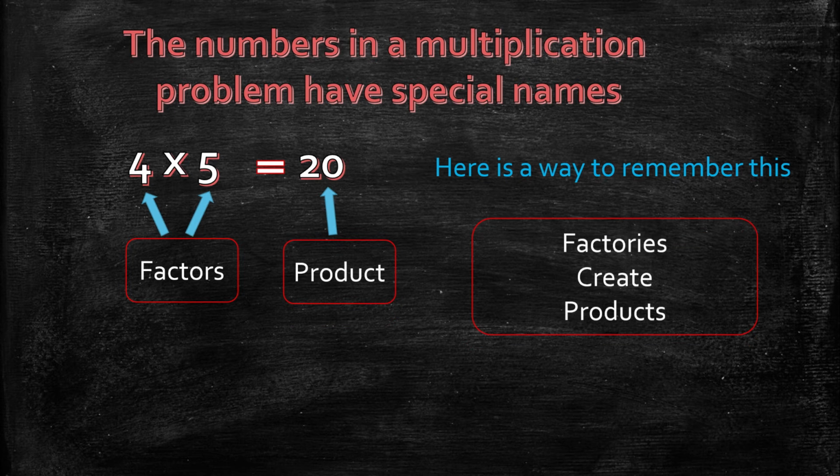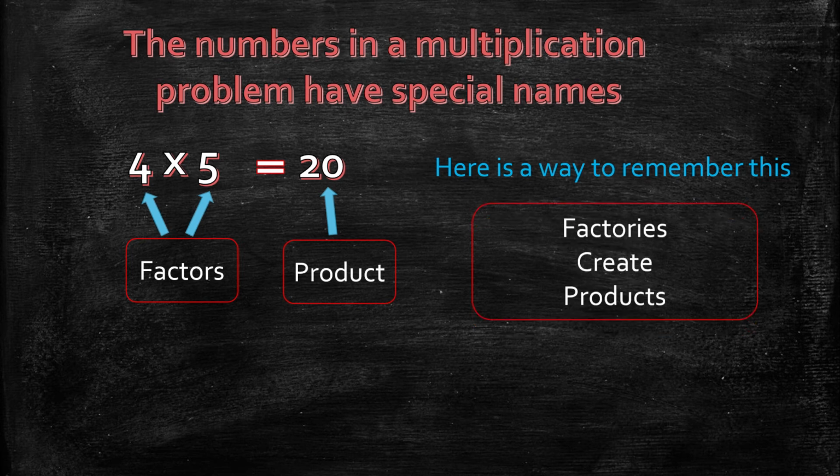Now, here's a way to remember. Factories create products. So the factories out in the world, they're creating products as they put the pieces together. So in the multiplication problem, the factors, the 4 and the 5 in this problem, are the pieces. And as you multiply them together, you get your product of 20.